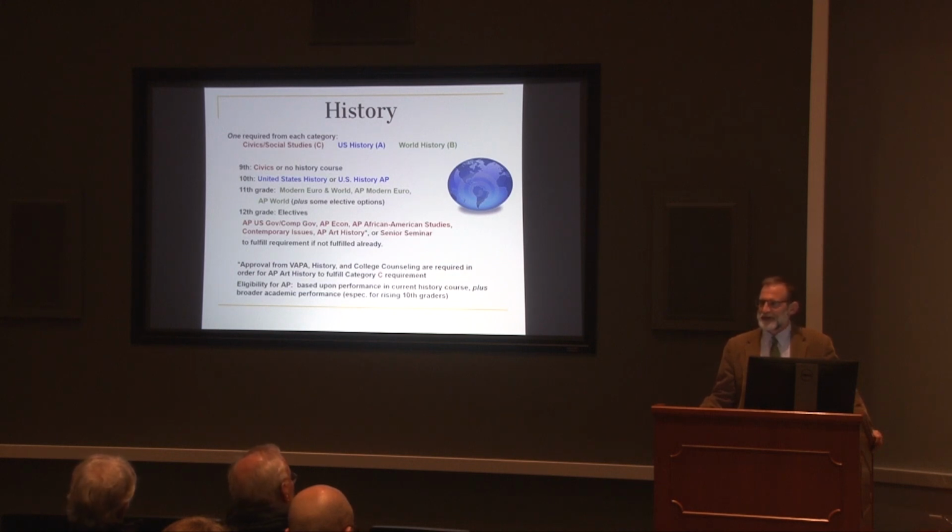Years ago, we were teaching modern European history, and it just kind of morphed into what we call Modern Europe and the World. Then senior year is full of elective possibilities, but also, as I stated before, every one of those listed in red fulfills requirement C, which is the civics/social studies requirement.